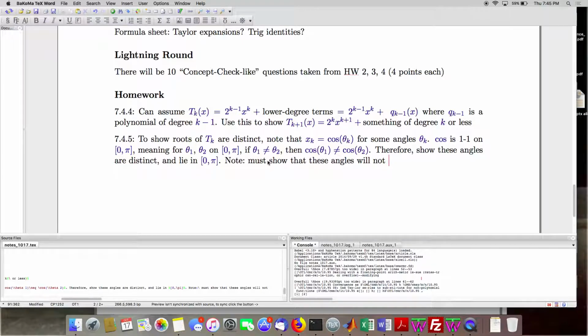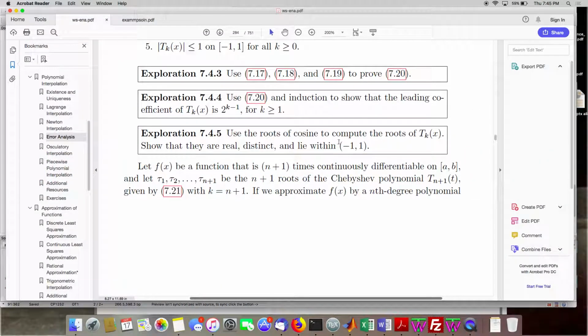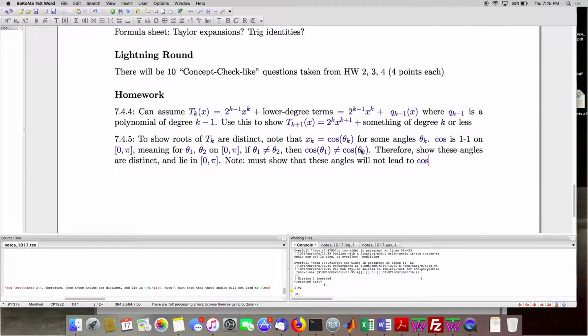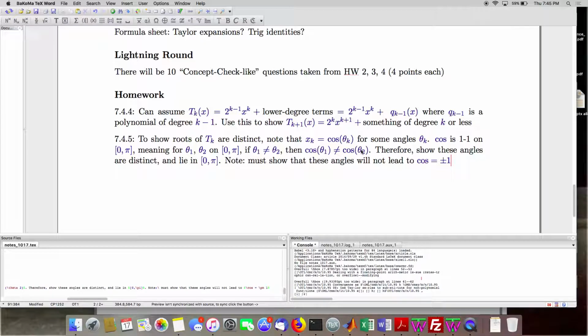Also, for a separate part of the question, showing the points lie within the open interval minus 1 to 1: cosine is equal to plus or minus 1 only at certain angles. If you show that those angles are not among the ones you have for Chebyshev points, then that guarantees they will lie in the open interval minus 1 to 1.